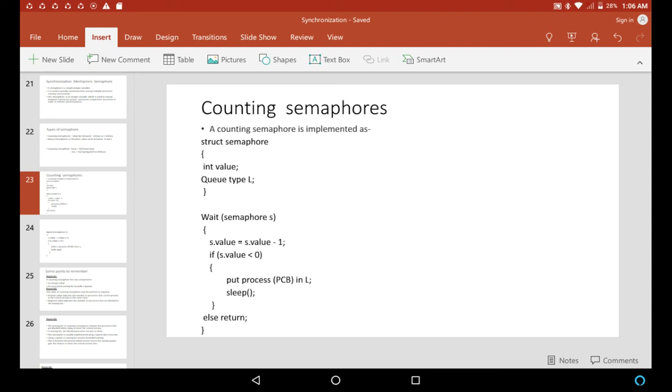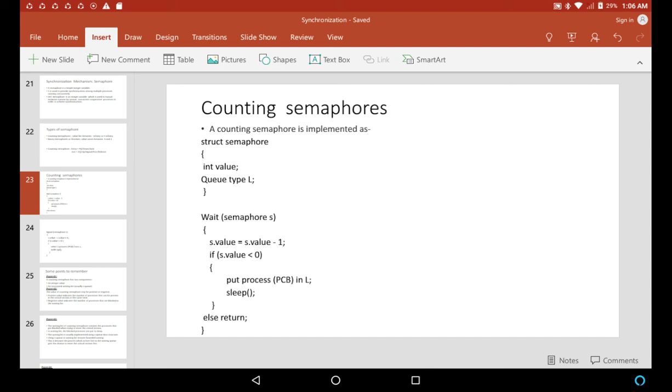Again P2 tries to enter the critical section by executing the entry code, which is defined by the wait operation. So it has to go into the first line, that is S value is equal to S value minus 1. By process 1, the S value was changed from 3 to 2. Now process P2 comes.